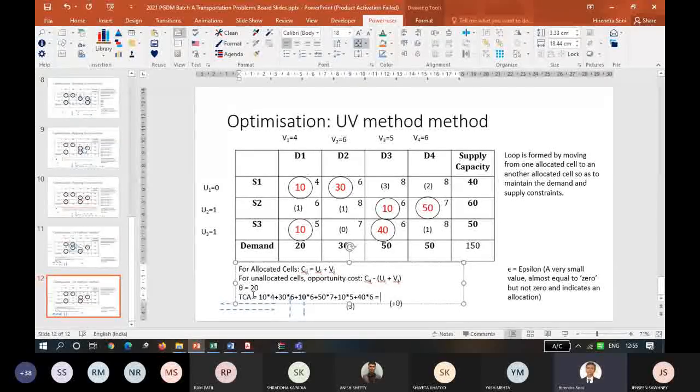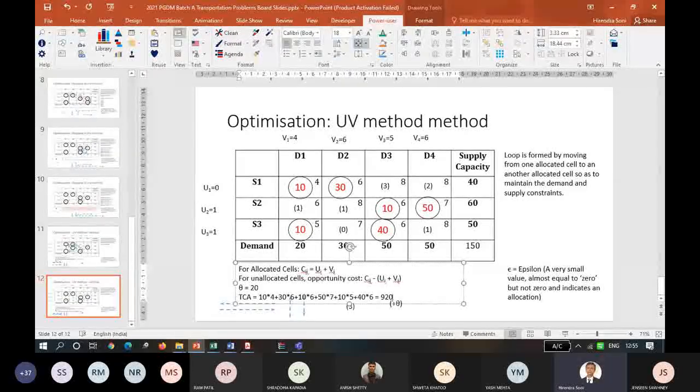How much is this total? 10 into 4 is 40 plus 180, that is 220. 220 plus 60, 280. 280 plus 350, 630. 630 plus 50, so 680. 680 plus 240 is 920.